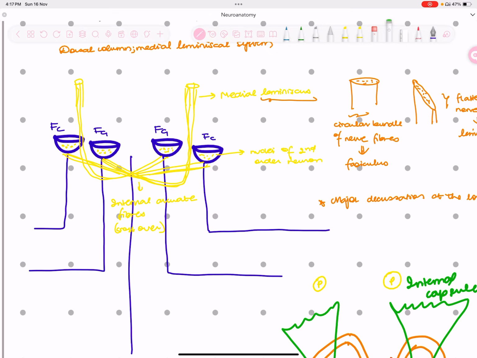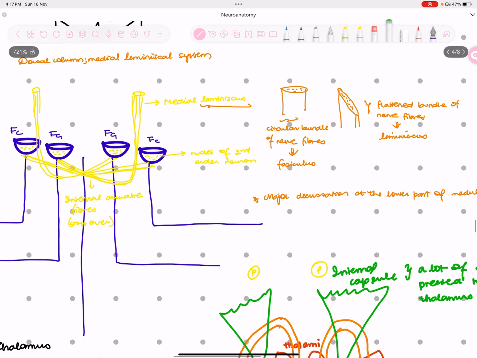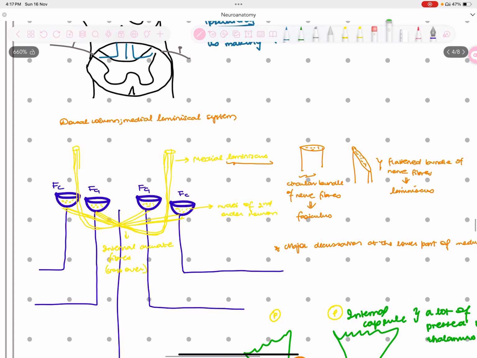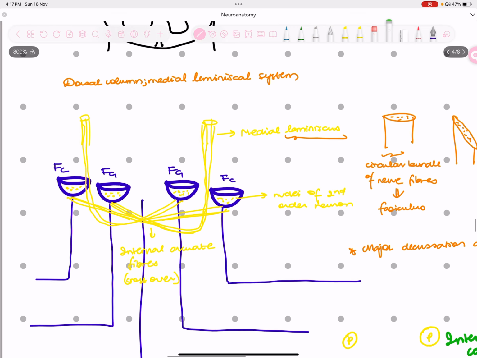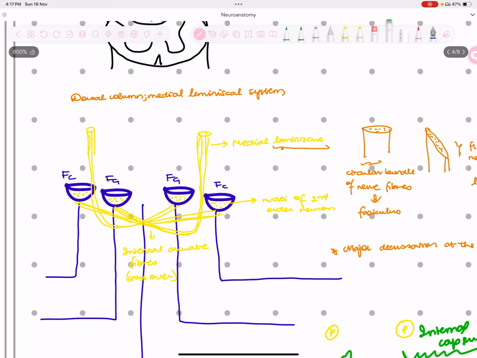This is a major decussation at the level of the lower part of medulla. In medulla we had our nuclei. Now these are the nuclei of the second order neuron, and these second order neurons are decussating.